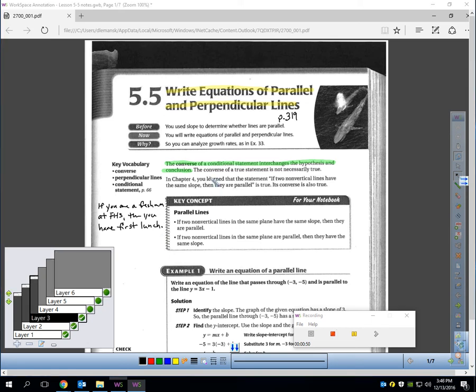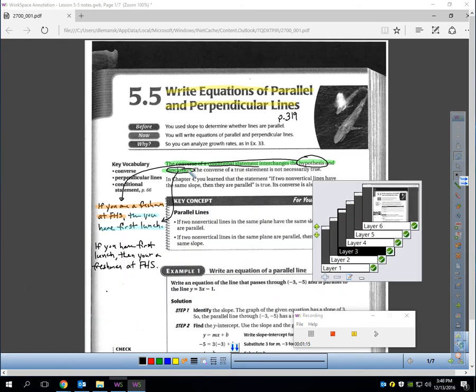That statement is called a conditional statement. The hypothesis of that statement is the if portion of it. If you are a freshman at FHS, that's called the hypothesis. The conclusion is what I have highlighted in blue. Then you have first lunch.